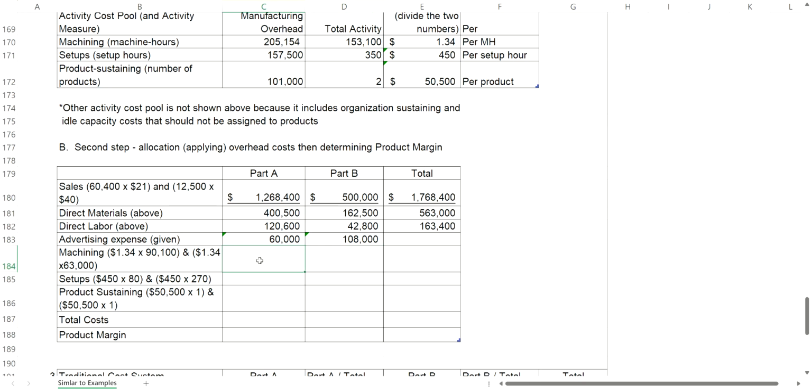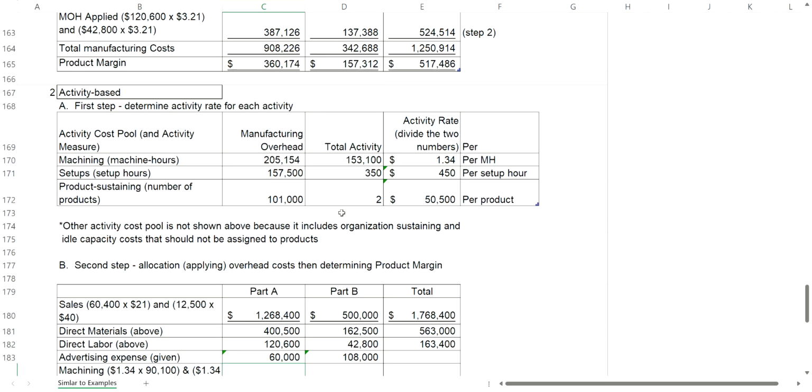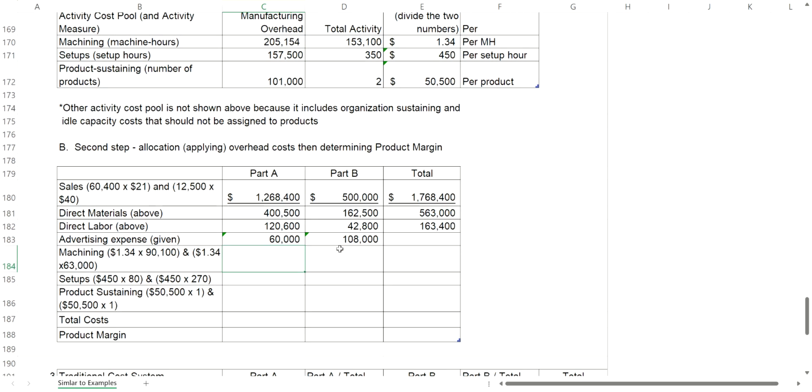Okay, now it comes time to apply the overhead for machining, setups, and product sustaining. Okay, so let's start with machining. In part one, I came up with the activity rate of $1.34, so I start with that. And then I need to multiply it times the activity for A, machining for A, and the machining for B. So let's go ahead and do that. So I'll take $1.34.